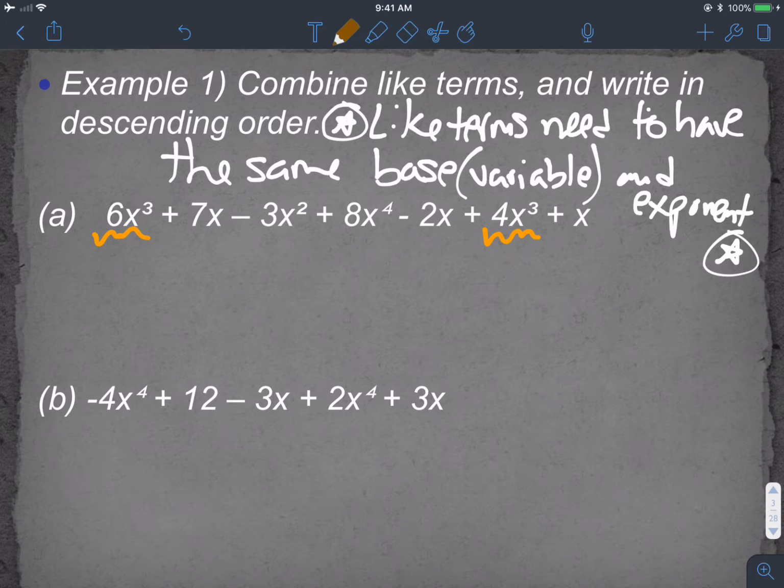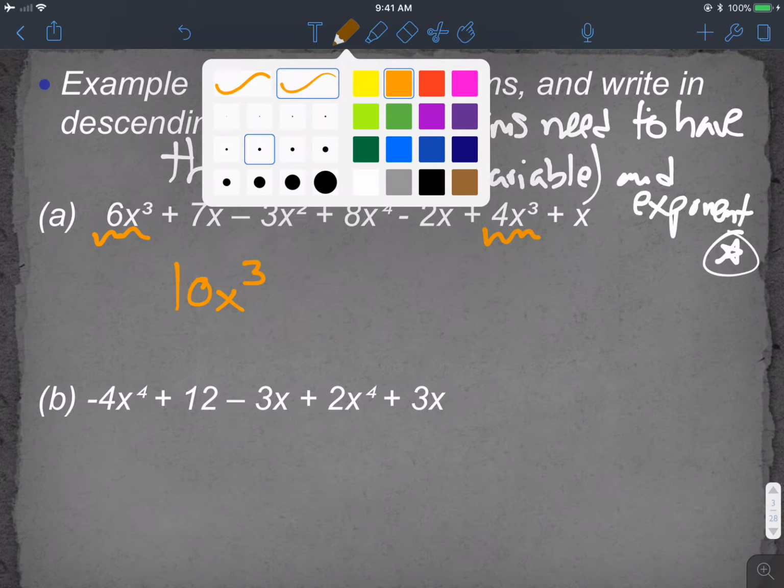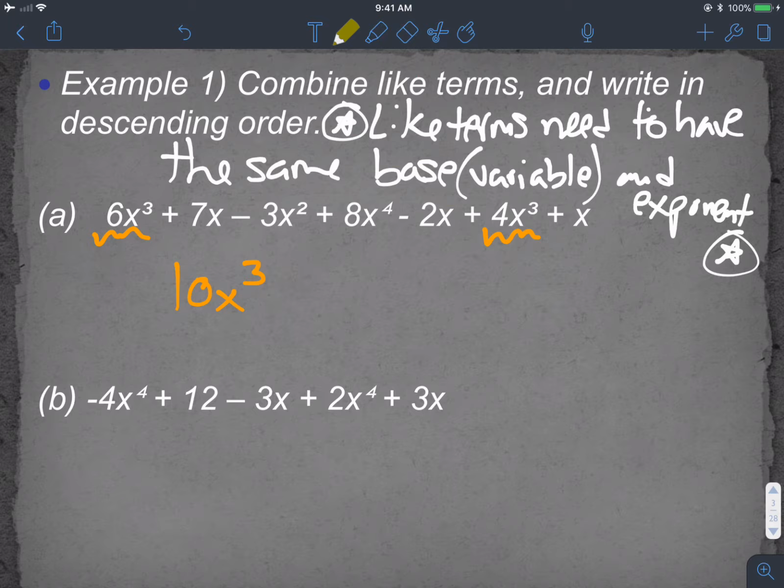There's lots of colors going on. 6 plus 4 is 10. Don't change the exponent. All right, leave it as x to the third because we're only adding like terms. How about 7x?